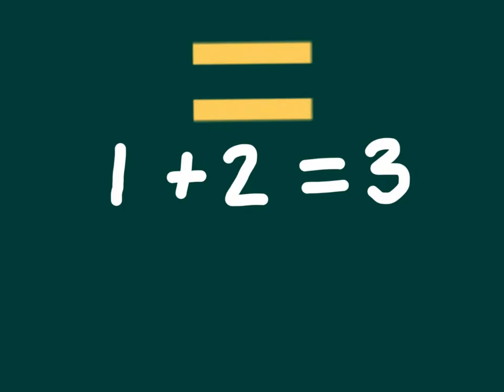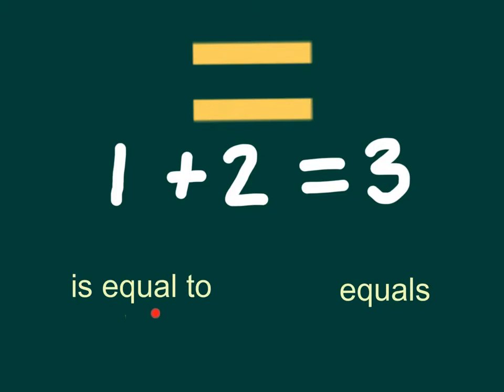You have seen the equal symbol in number models, such as 1 plus 2 equals 3. This symbol means a number is equal to, or equals, the same thing. In this case, 1 plus 2 equals the same thing as 3.